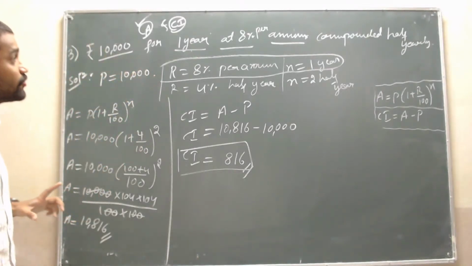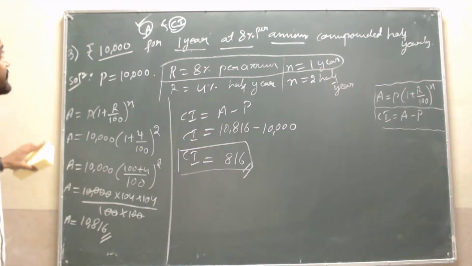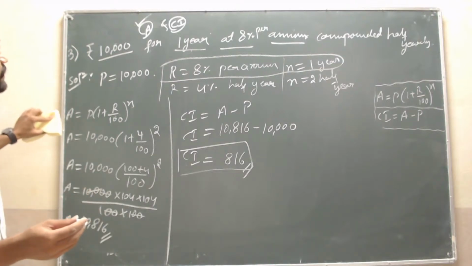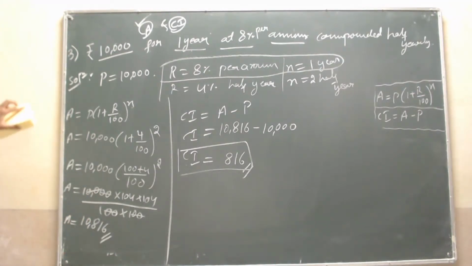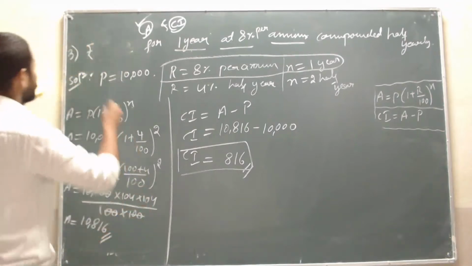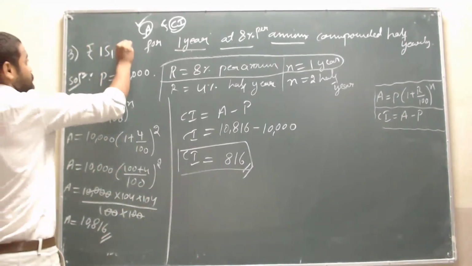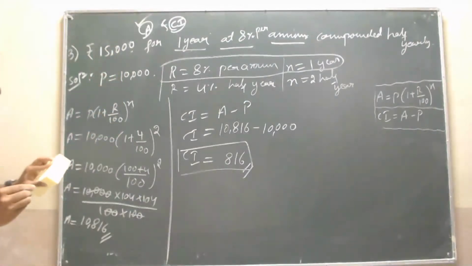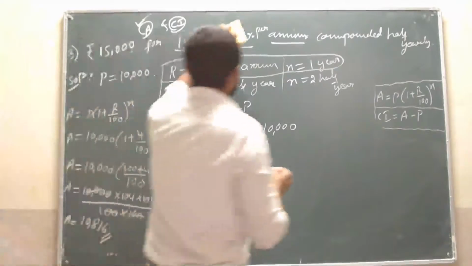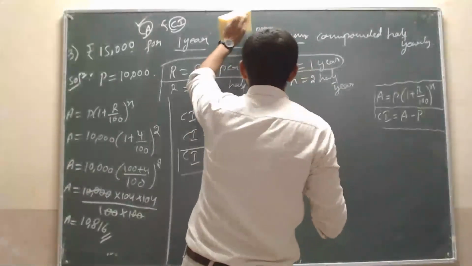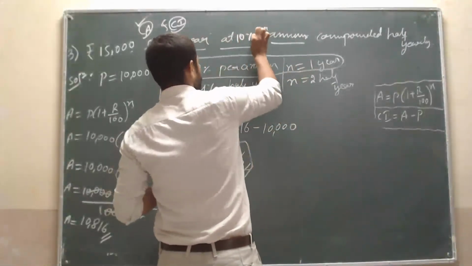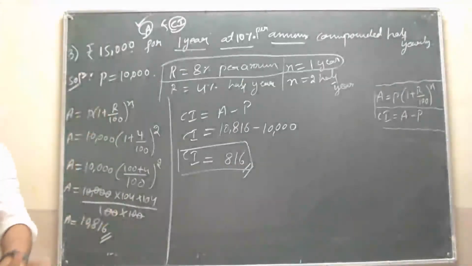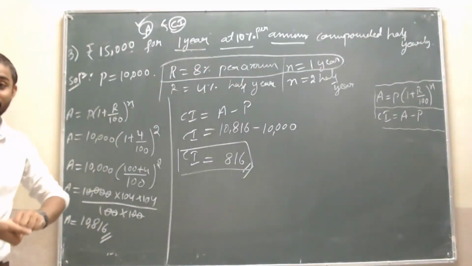So I will give you one homework, and this is the same type. Let's take here, amount is 15,000 and 1 year for 10% per annum, compounded yearly.